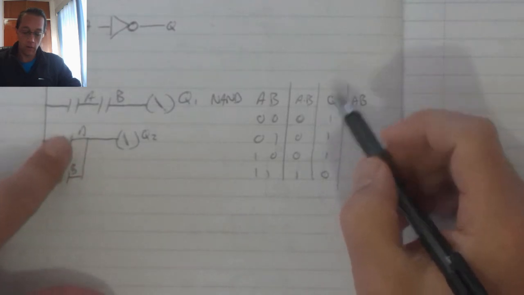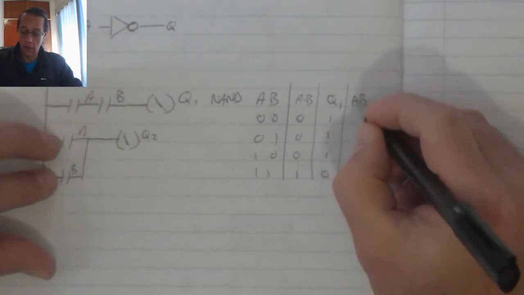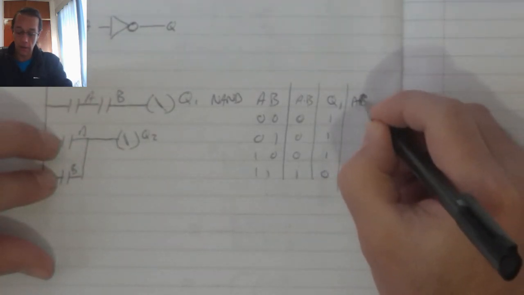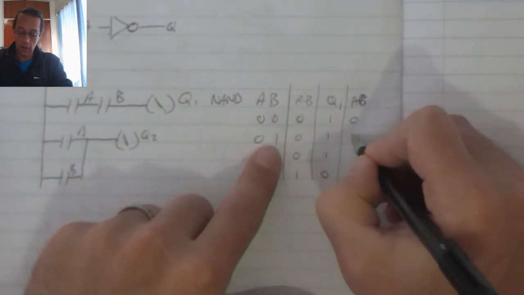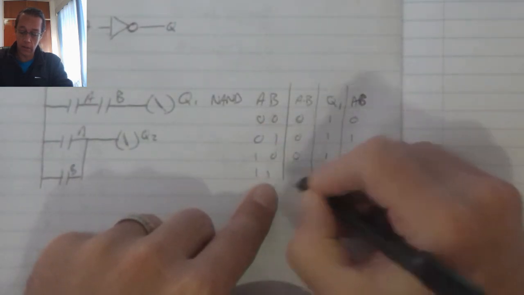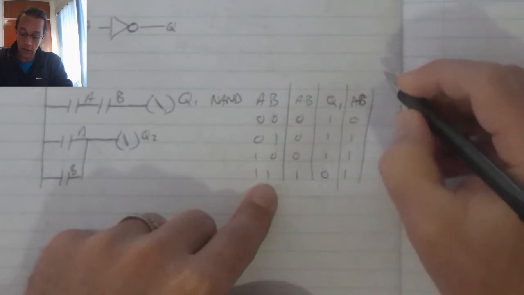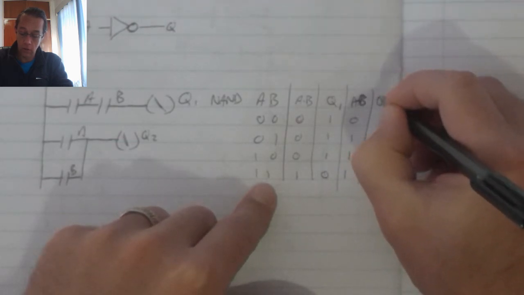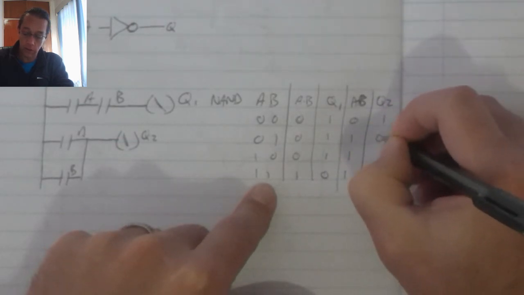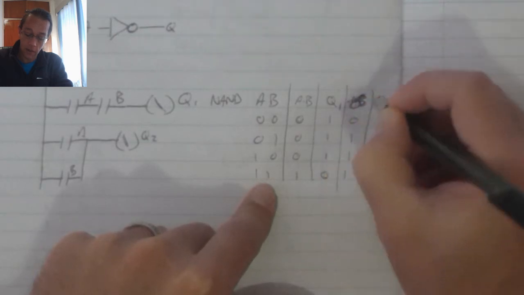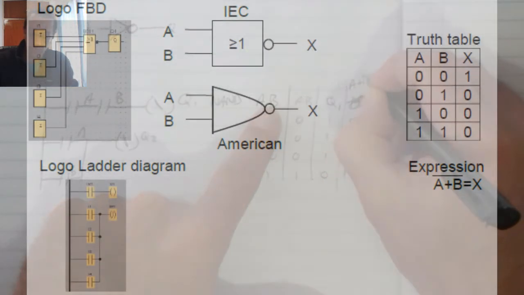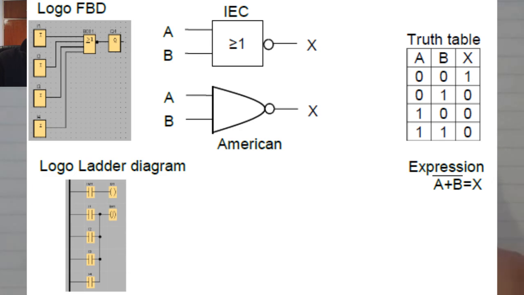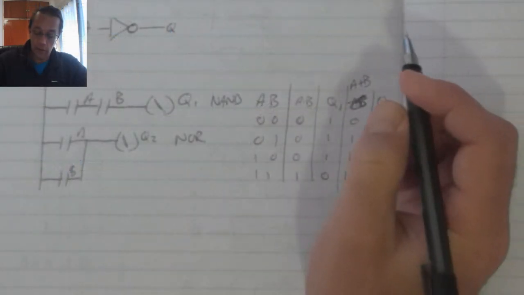Because they are in parallel, A and B are ORed, so we're saying A plus B, so there's 0, 1, 1, greater or equal is 1, and as a result Q2 will be 1, 0, 0, 0. That's A plus B over there. Okay, so now looking at these, this will be the NOR function.